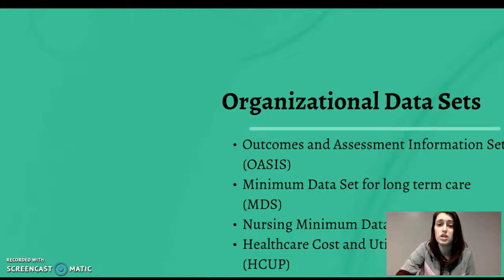Some of the organization data sets that exist right now are outcomes and assessment information sets, minimum data sets for long-term care, nursing minimum data sets, and healthcare cost and utilization projects. I'm just going to go in a little more detail over OASIS, outcomes and assessment information sets. So this particular organizational set is designed to facilitate systematic measurements of home health care outcomes for patients.